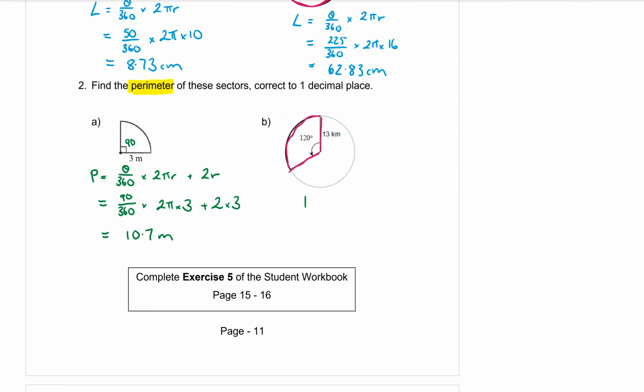P equals theta over 360 times 2 pi r plus the extra 2r. So theta is my angle, in this case 120 degrees, over 360 times by 2 pi, and my radius this time is 13. So 2 pi times 13 plus the extra 2 times 13 for adding on the extra sides.